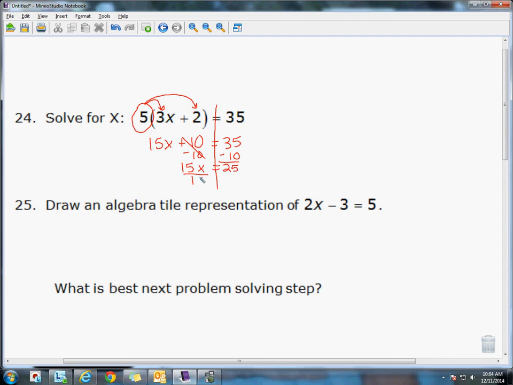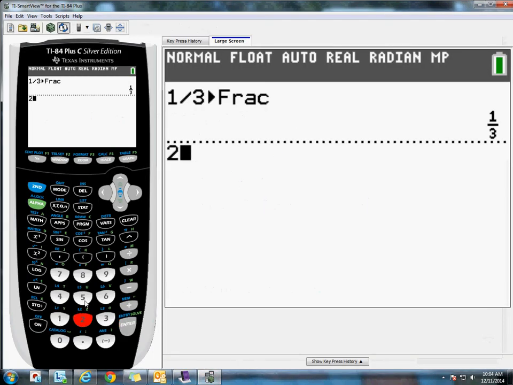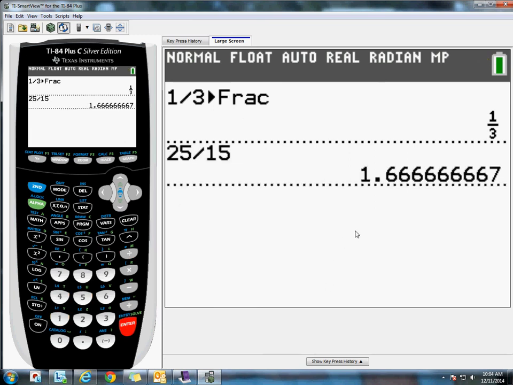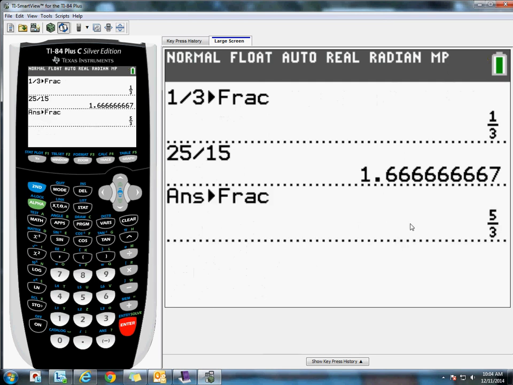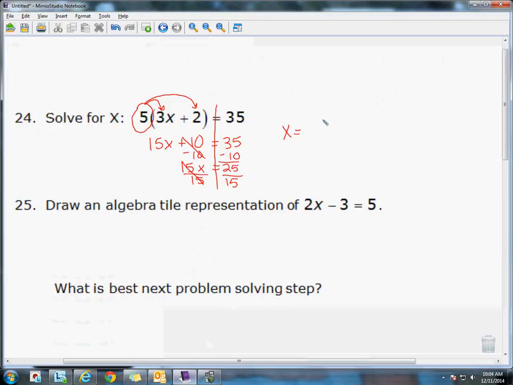And we're going to divide both sides by 15. 15 and 15 is 1, so we get x is equal to 25 divided by 15. You can do 25 divided by 15 and you can get this decimal. You can just hit math enter and it'll give it to you as a fraction. So that's 5/3. So x is equal to 5/3.